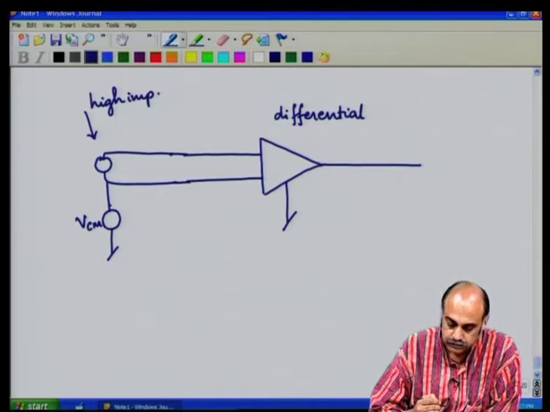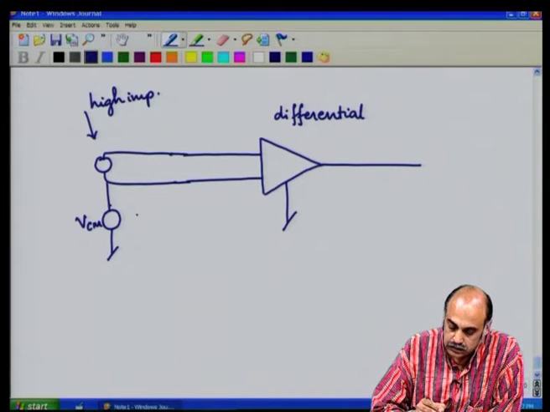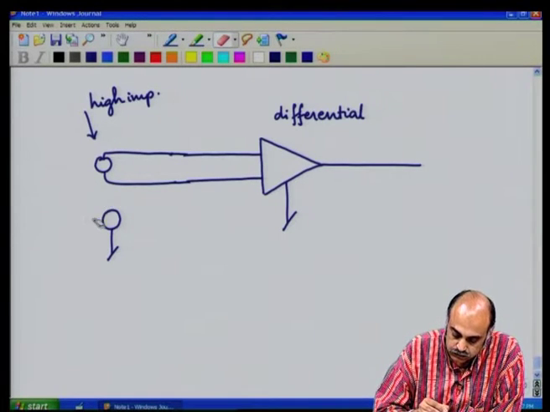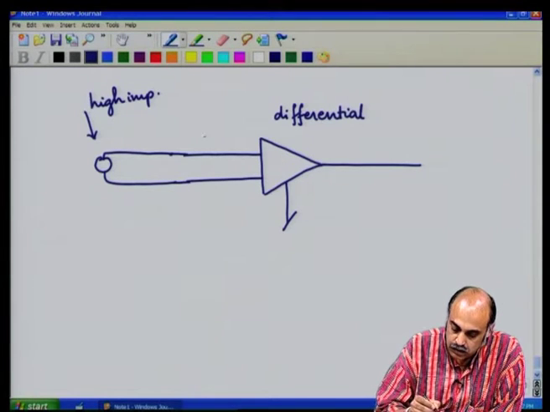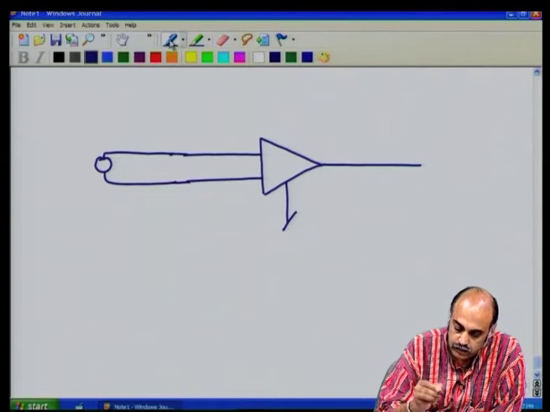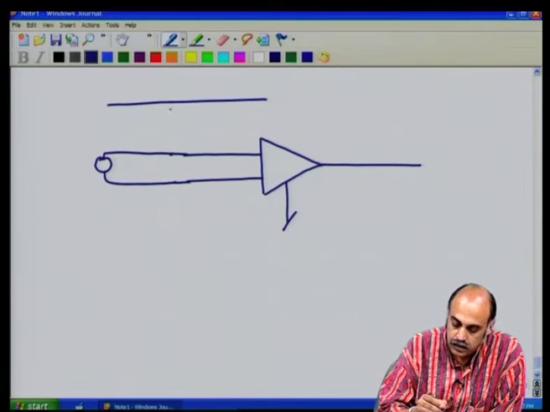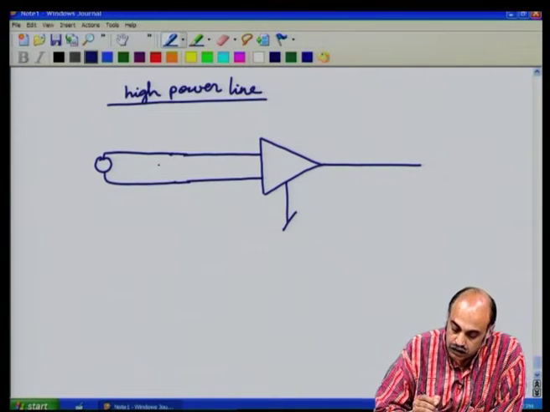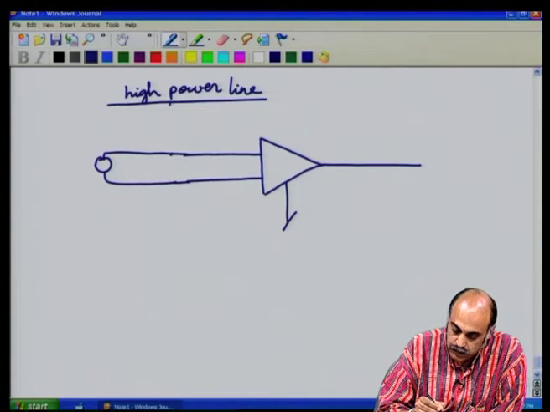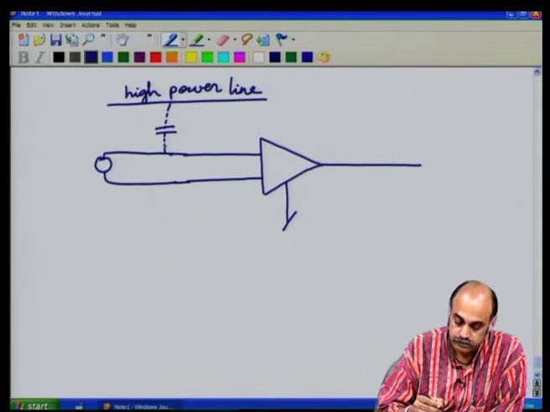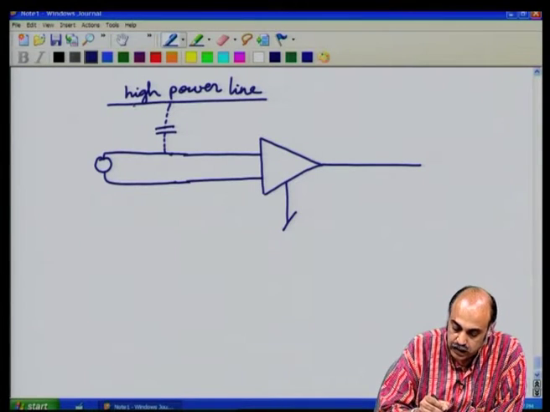For example, let us say you have a high power line, and this will have a capacitive coupling to this track.